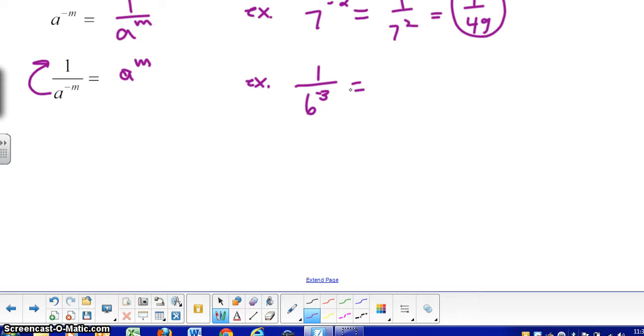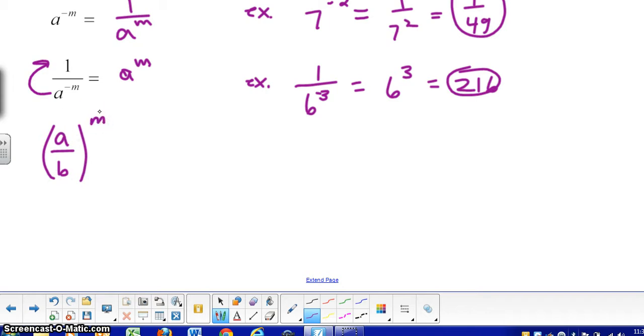Okay, and if it's 6 to the negative 3rd power, we can move anything that has a negative exponent into the opposite part, so it'd be 6 to the 3rd, and then when you multiply that together, you get 216.